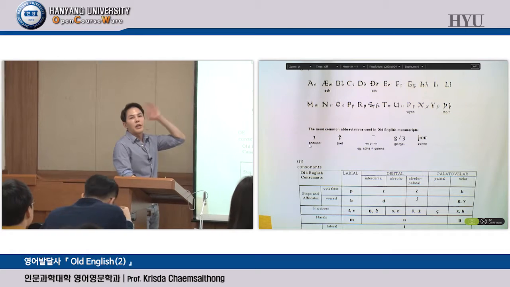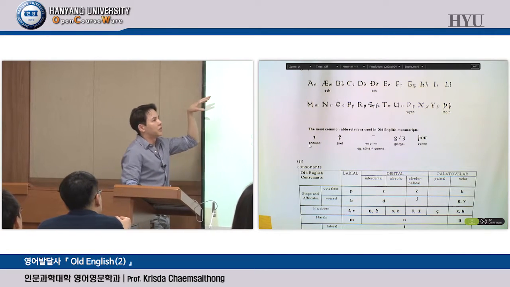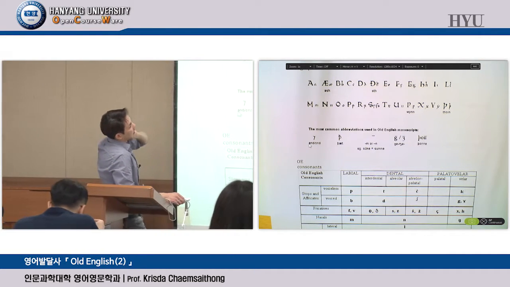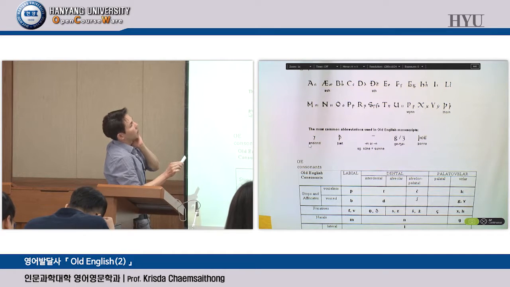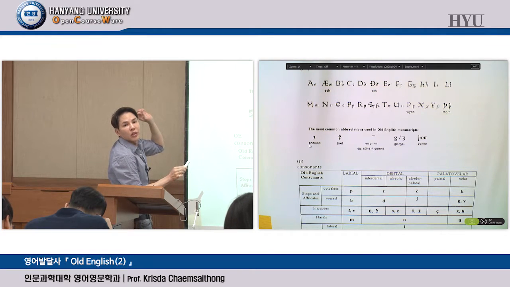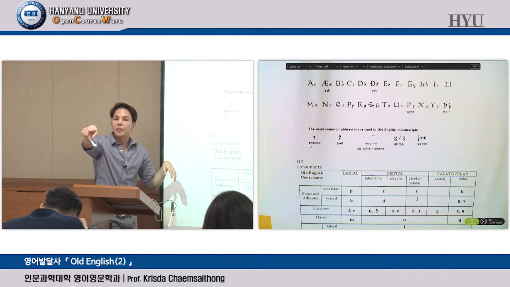This is another reproduction of the Old English alphabet. You have the ash, the capitalized version, and the lowercase version on the top of the handout. Everyone has got a copy. I think there are some leftovers here.